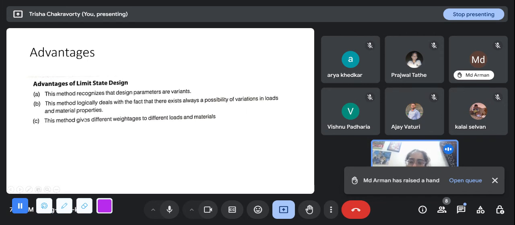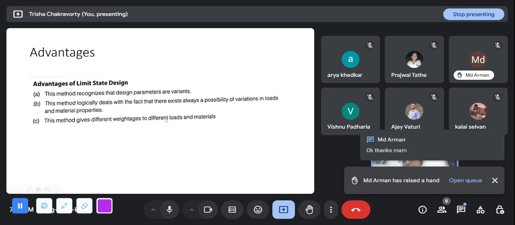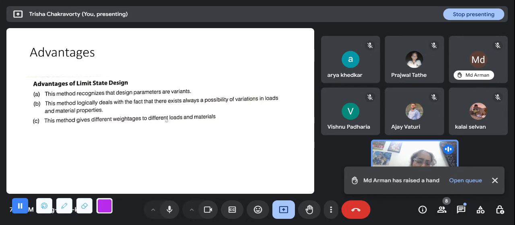And now this method gives different weightage to different loads and materials as well, like different kinds of loads. For example, on dead loads, we give a safety factor of 1.1, I think, 1.2 on dead loads, 1.5 on live load. What does this imply? This implies that we are expecting more variation in the live load, so we are putting a higher safety factor on it.